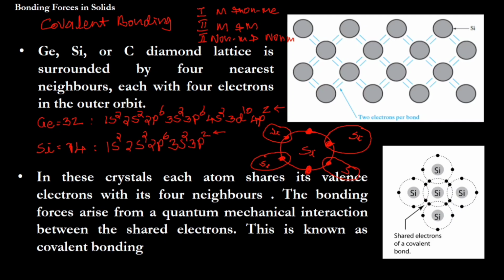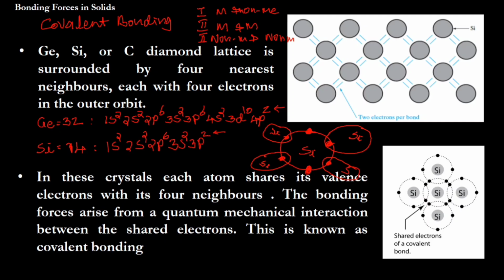Okay. So in this crystal, each atom shares a valence electron with its 4 neighbors. The bonding force arises from a quantum mechanical interaction between the shared electrons. This is known as covalent bonding.